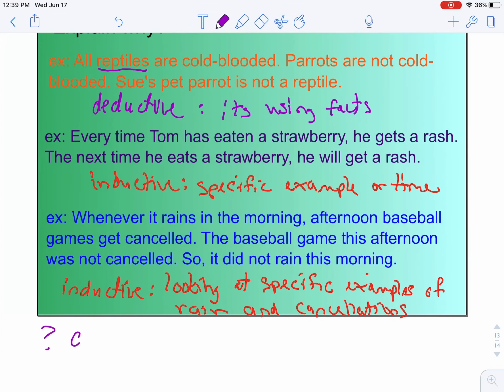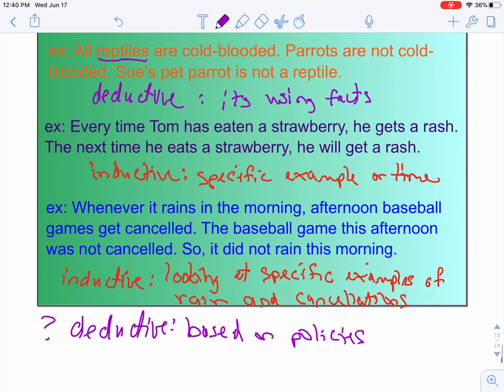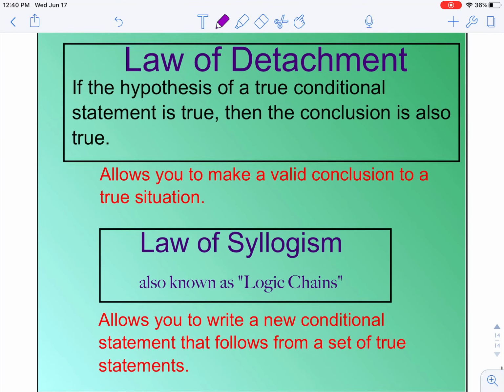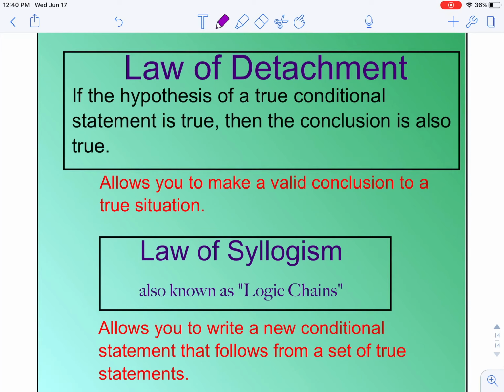But it could actually be deductive if it was based on policies that the park board has. So it can be tricky. Just do your best to try to understand what's going on.